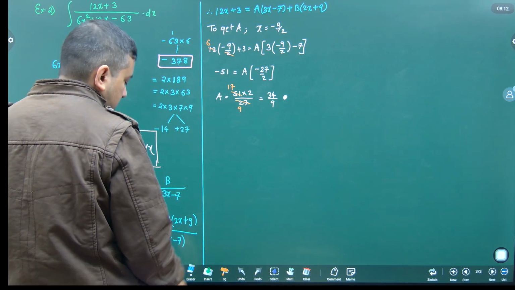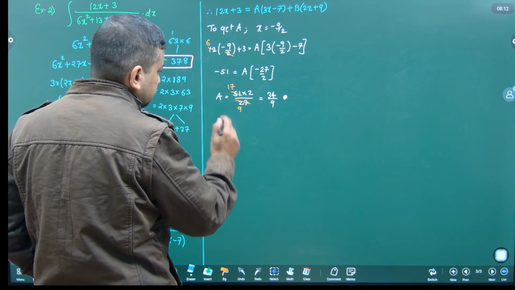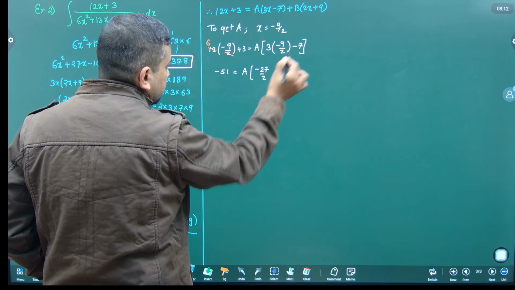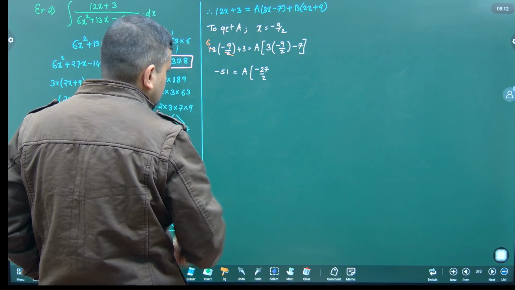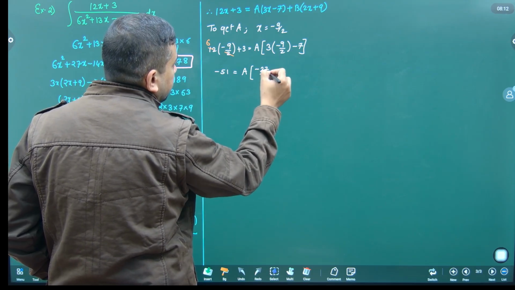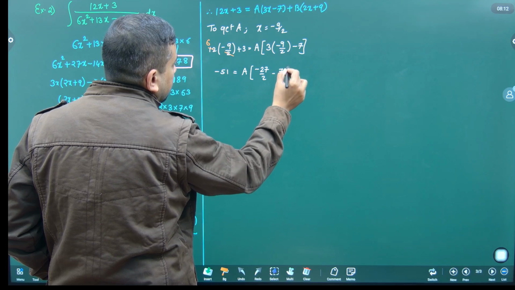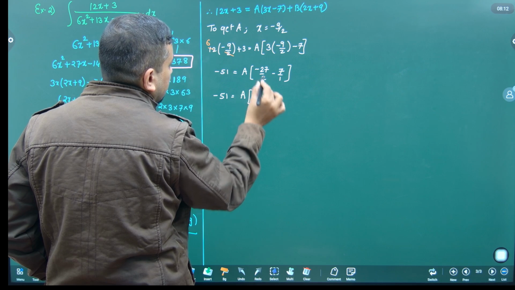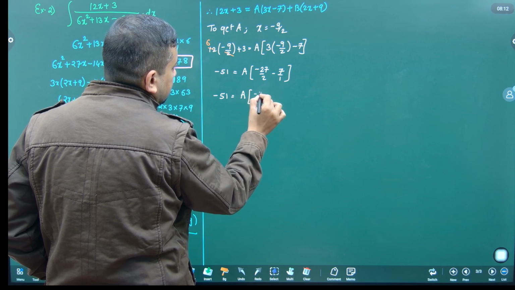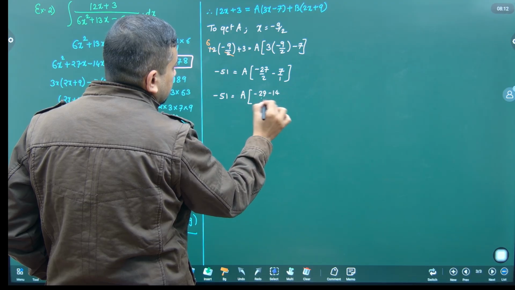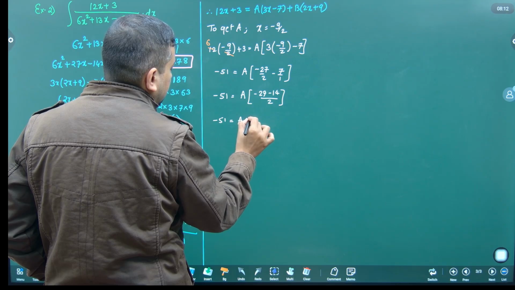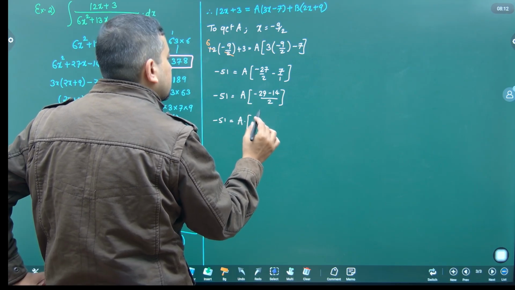Okay, what is wrong here? See, this minus 7 we have missed out. That's why it is minus 27 by 2 minus 7 by 1. Now it is correct. So minus 51 is equal to A(minus 27 minus 14 by 2). So minus 51 will be equal to A into, how much is this?